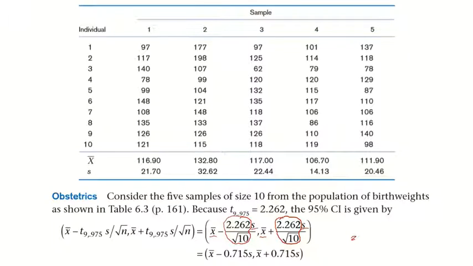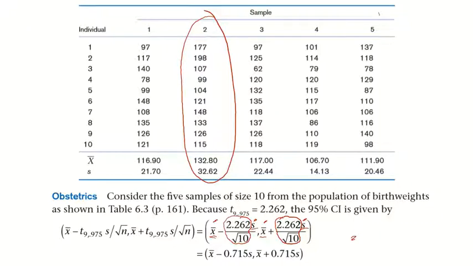So you can simply replace the mean here with whatever sampling you choose. Say you choose sampling number 2, you replace the mean here with 132.8, and then you replace the S, the standard deviations here, with 32.62.